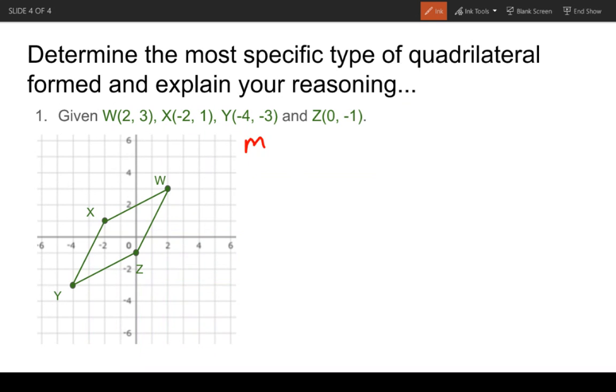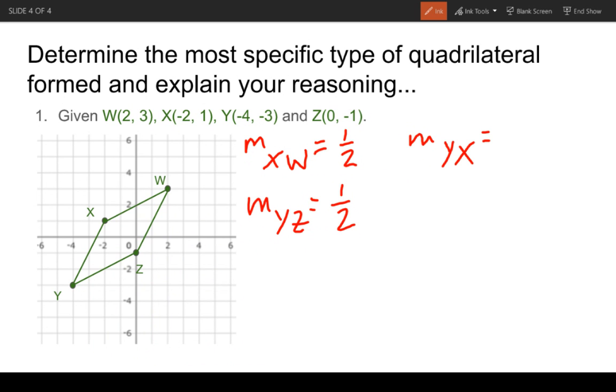So let's find the slope of XW first. That is up 2 over 4, which simplifies to 1/2. The slope of YZ is also 1/2 when it is simplified. Then let's look at the slope of YX. That's up 4 over 2, which simplifies to 2.